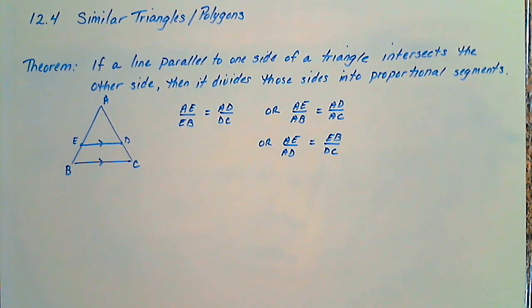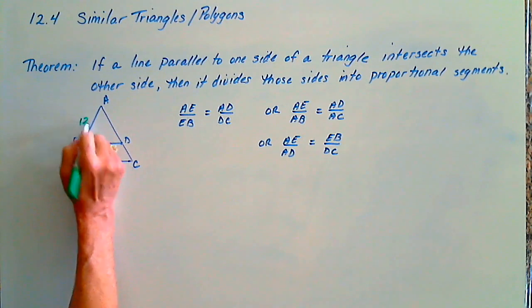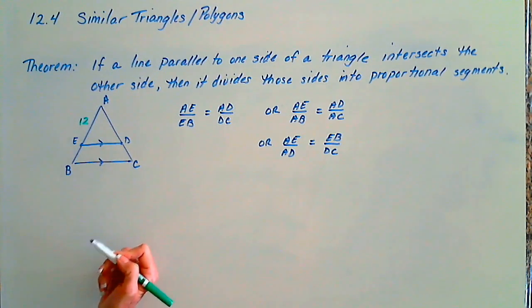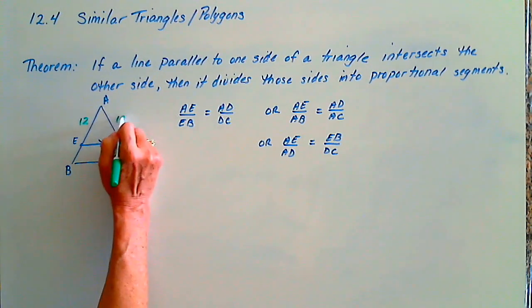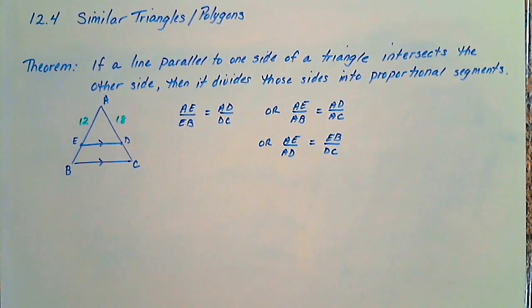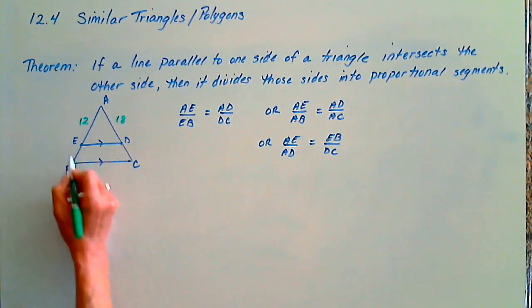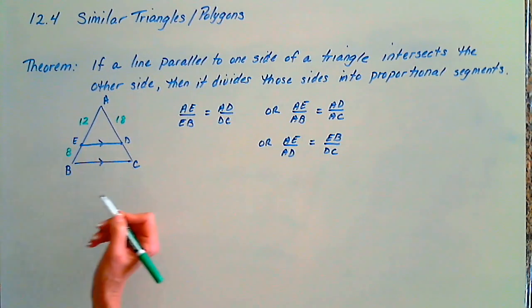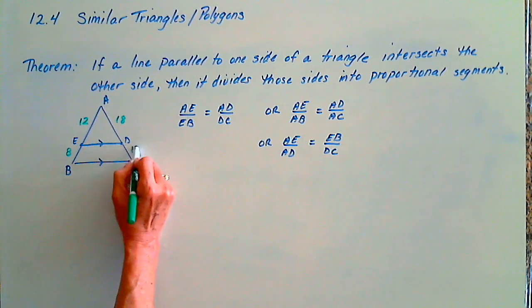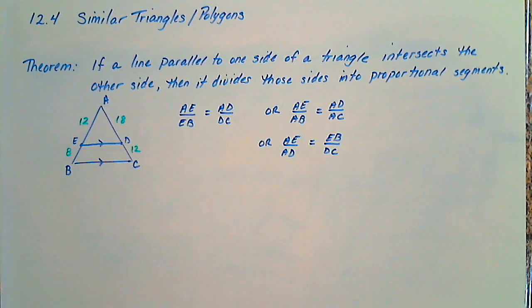So let's say I give you the following, and I tell you that AE is 12 units long, and I tell you AD is 18 units long. EB is 8, DC is 12. So we can check it out.